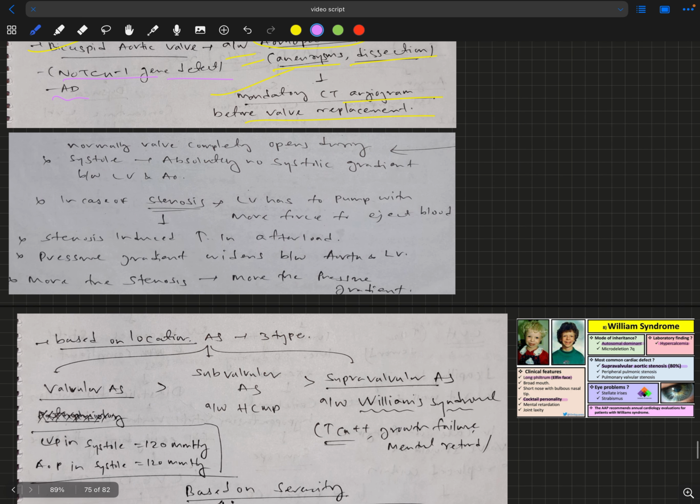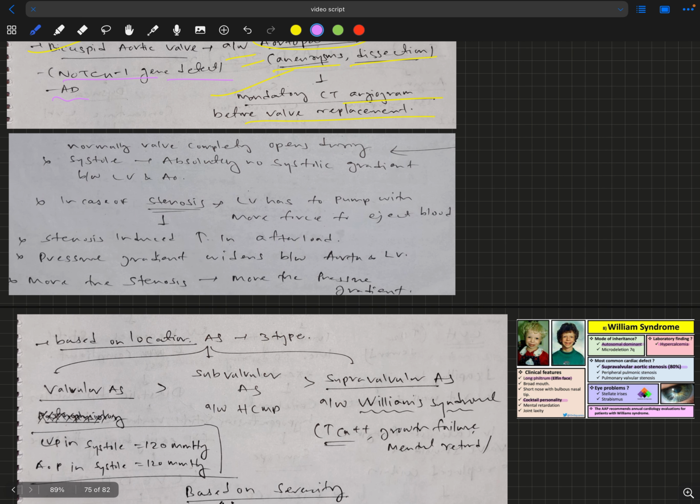Normally the valve opens completely during systole and closes during diastole. But in case of aortic stenosis, the valve doesn't open completely during systole. If the valve opens normally during systole, there will be no systolic gradient between aorta and left ventricle. During systole, left ventricular pressure is 120 mm of Hg, and aorta pressure is also 120 mm of Hg, so there is no pressure gradient.